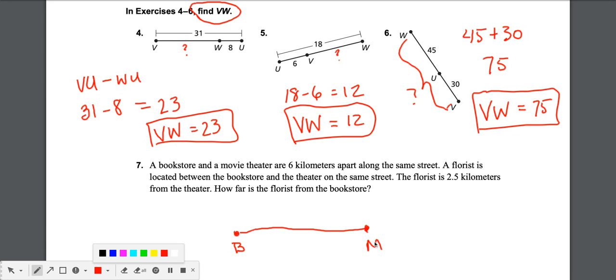Maybe you want to label this T for theater. Yeah, let's do that, since that seems to be the language they're using. Okay, so bookstore and theater, all right, is there. So the florist is actually 2.5 kilometers. This is 6 from here to here. You could use some arrows to emphasize from there to there, but the florist is not exactly halfway. The florist is actually going to be somewhere in the ballpark of like right there.